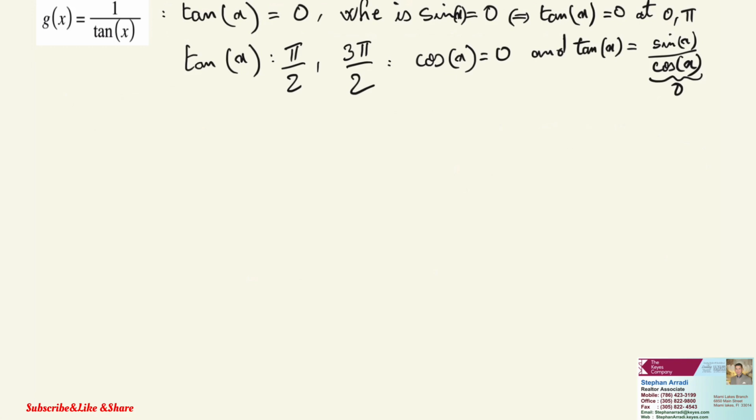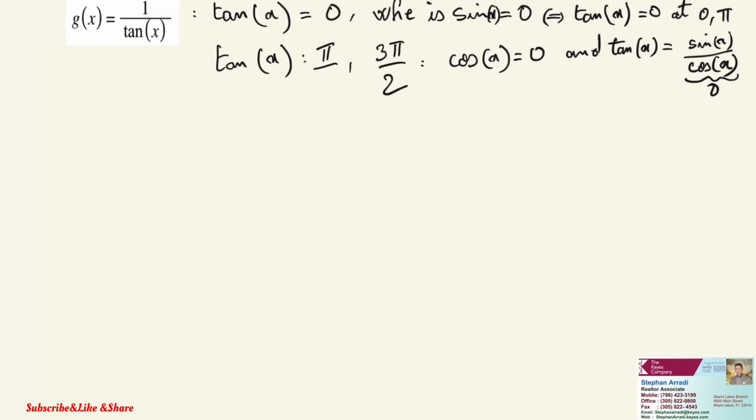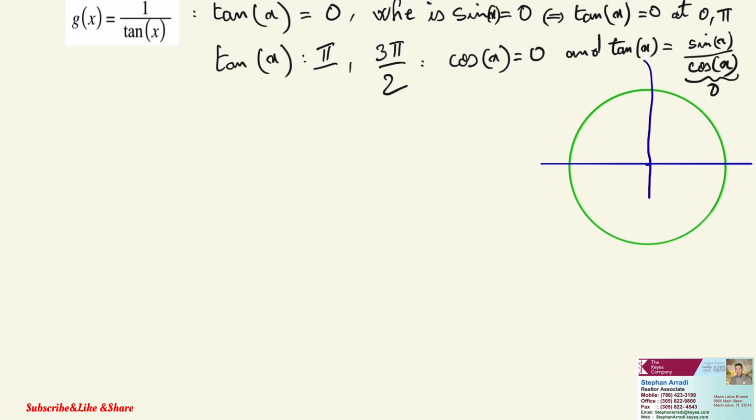So we have to exclude those points, that's 0 and pi over 2. So we're going to put a circle and visualize what is going to happen exactly. So we have this circle here, put the center here. Let's move it a little bit.